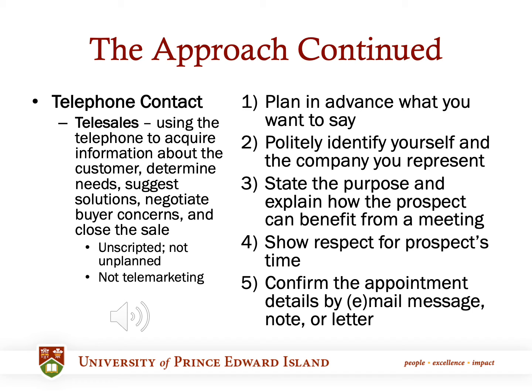You want to show respect for the prospect's time, especially if the call wasn't scheduled, meaning if you're just calling out of the blue, you don't know what your prospect may be currently doing or how much time they may have available. So you want to be very conscious of the time that you're taking out of their day, and you want to ultimately request an appointment and confirm those details by email, by note or letter or some fashion. So you want to confirm those things as part of your phone call.